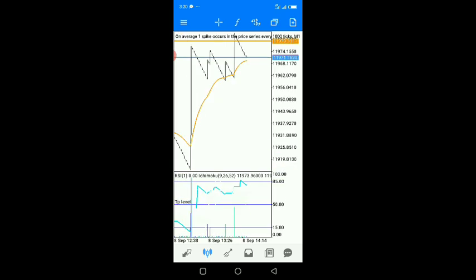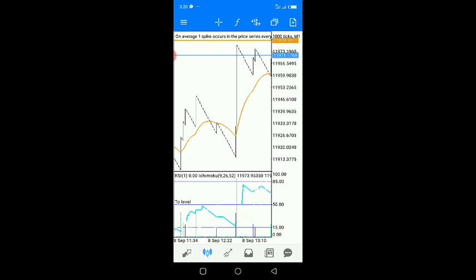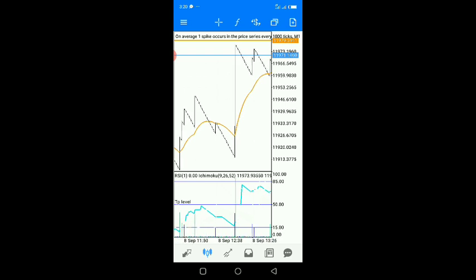But there seems to be none. But take a look at what happened here. We saw that the Ichimoku came down to this 15 RSI level and we saw the market spike up. We would have entered the market if we had seen this.